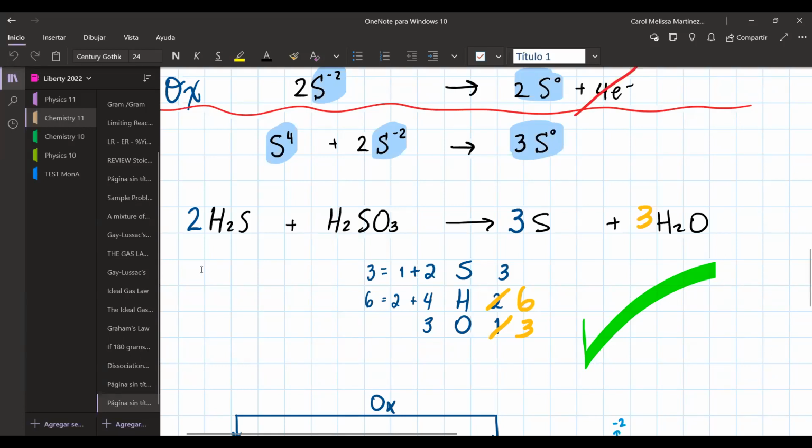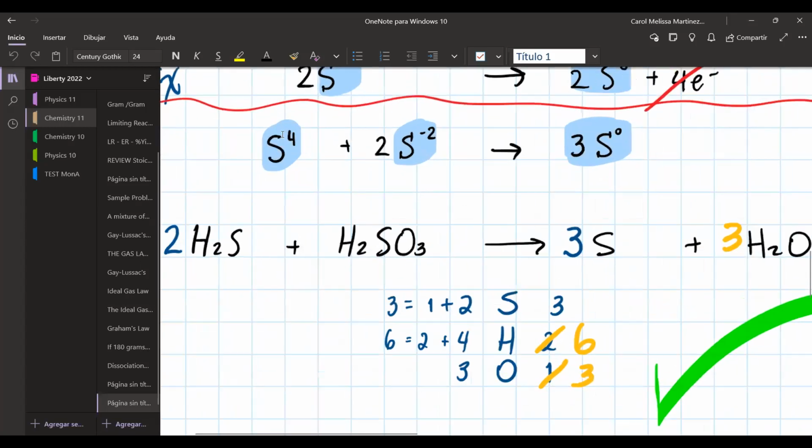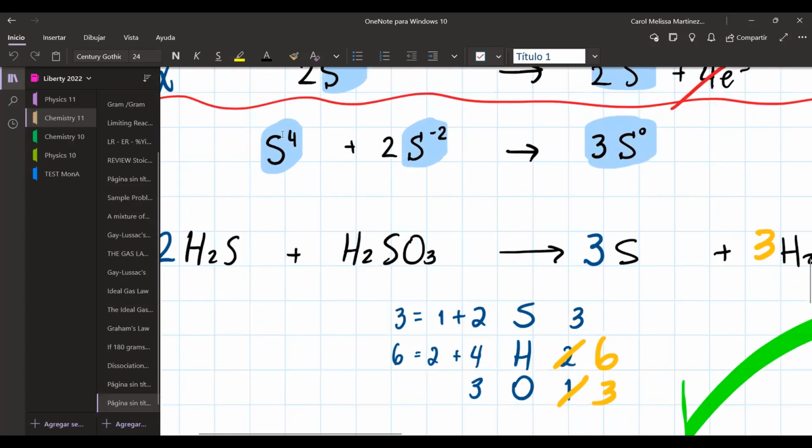Take a look here in this part that I'm projecting. I have 1 sulfur multiplying +4 plus 2 sulfur multiplying -2. So 1 times 4 makes 4, and 2 times -2 makes -4, and this is 0. And on the other side, what do I have? 3 times 0, which is 0, so it's balanced.